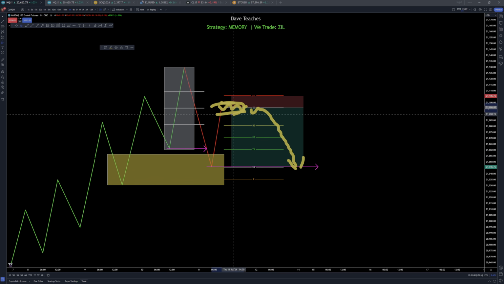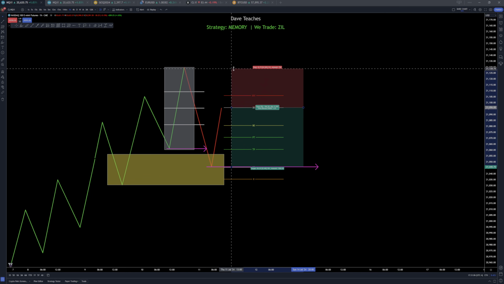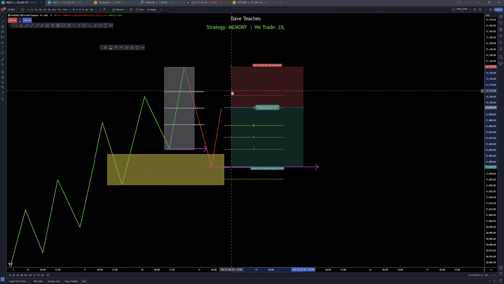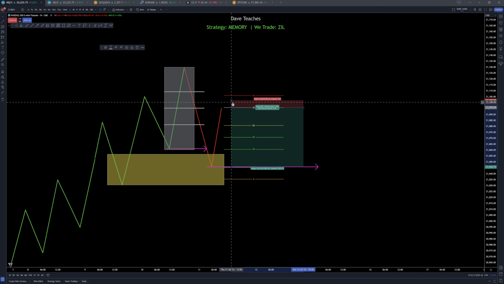So we're taking up our entry within here. But traditionally, our stop loss used to be behind the zone, right? Or stop loss used to be behind some sort of candlestick structure element that happened within this level here, right?